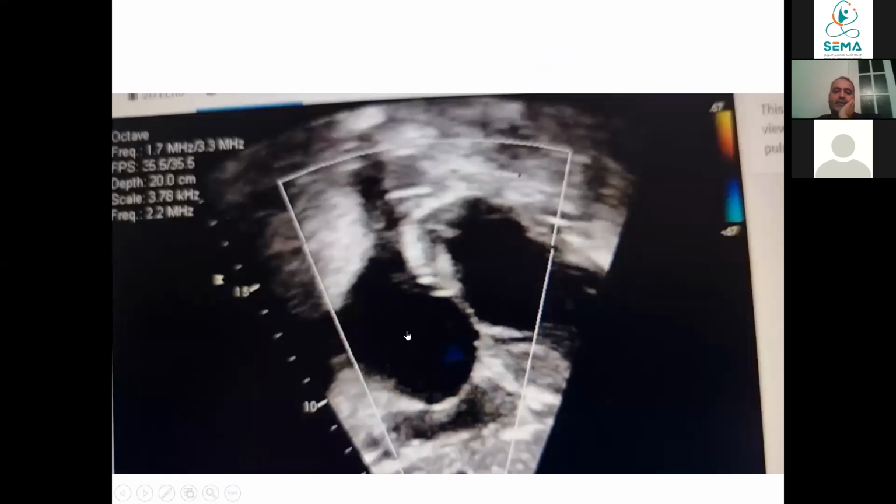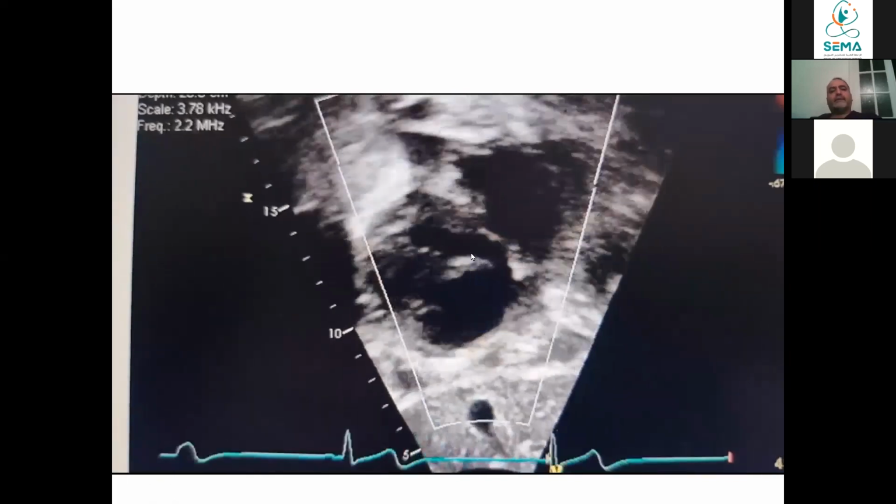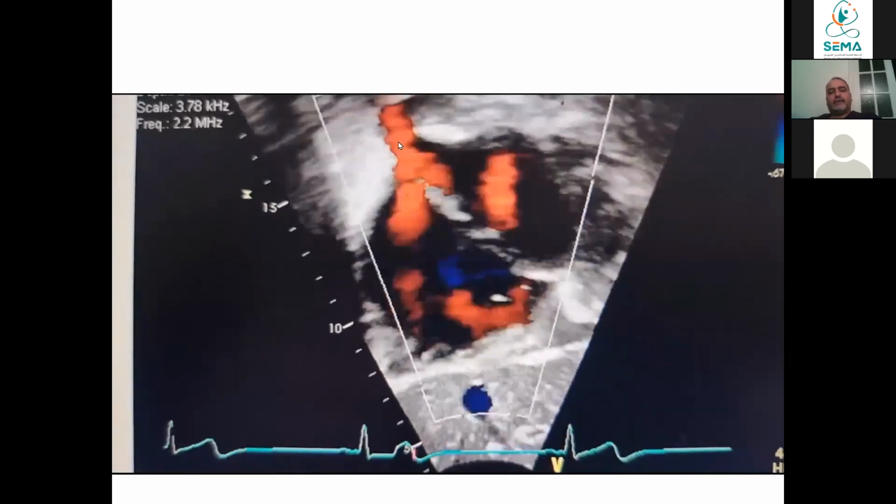You will start with what we call bicaval. Bicaval means superior vena cava and inferior vena cava, and the atrial septum. So if we work this one, you will see the superior.